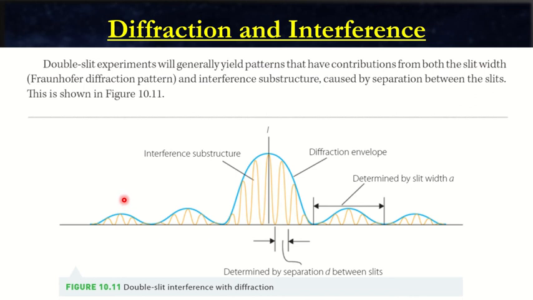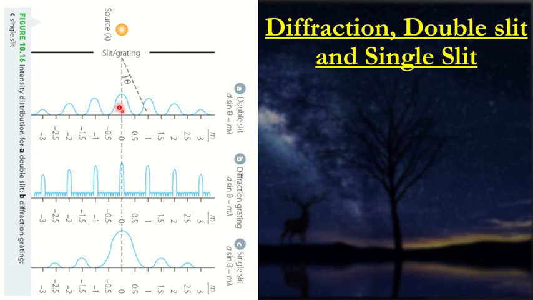So if we did a single slit experiment, it would look something like this. And then what we have down here is the double slit interference. And so you can see it will give you the same shape, essentially. So if we compare these, this is a double slit experiment. This is the interference pattern you see with a diffraction grating.